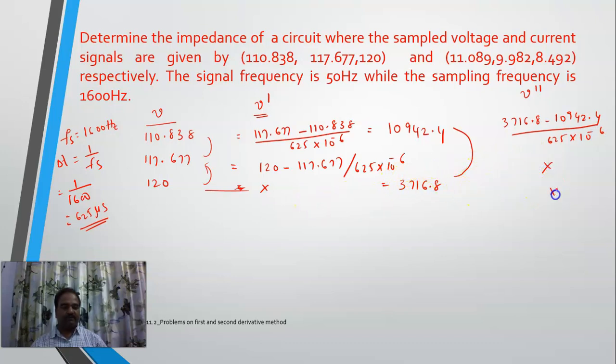So the value is minus 10942.4 divided by 625 into 10 to the power of minus 6, which is somewhere around minus 11,560,960. A very big value.